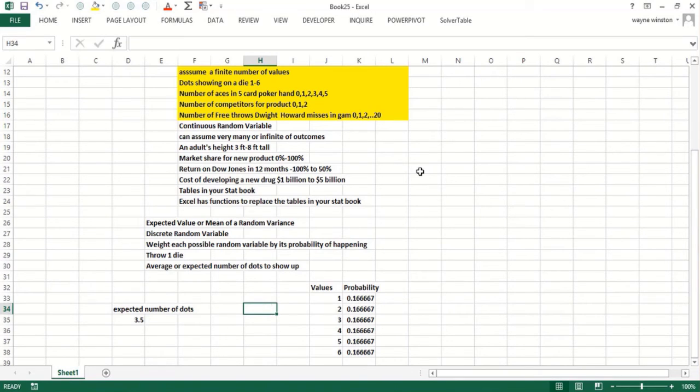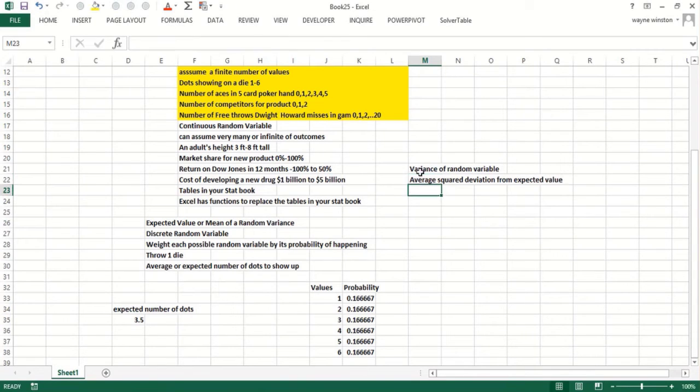Okay, now how do we do the variance of a random variable? Okay, so the variance of a random variable is the average squared deviation from the mean, that is, the expected value of the squared deviation.